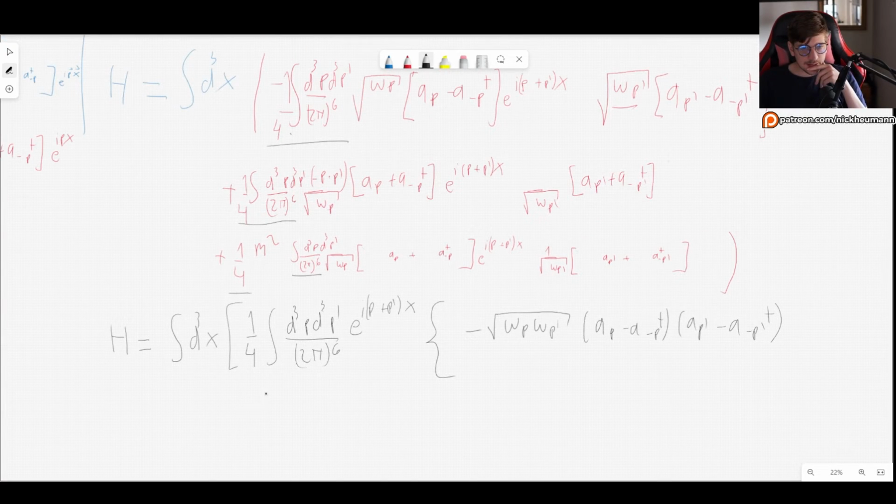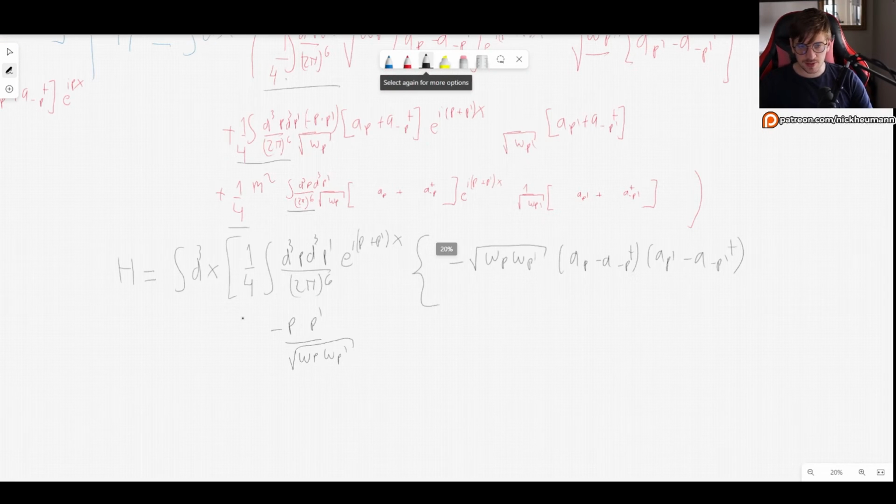We get, so that's outside, minus p·p' divided by the square root of omega_p'. And now we have this multiplication between a_p and a_{-p}^†, but now with positive sign. So plus a_{-p'}^†.